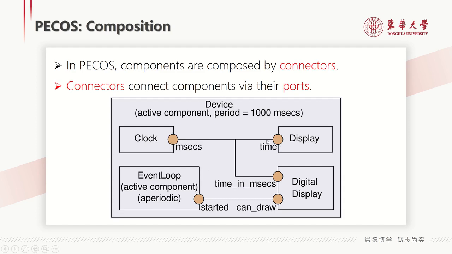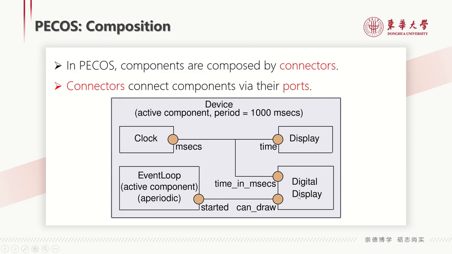Yeah, the line. The line itself is the connector. It connects the components via the ports. In this example, we see a clock device, an active component with a period of 1000 milliseconds, a display showing time, a digital display showing time in milliseconds, and an event loop, an active component.